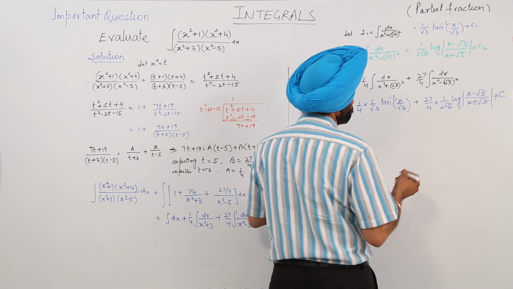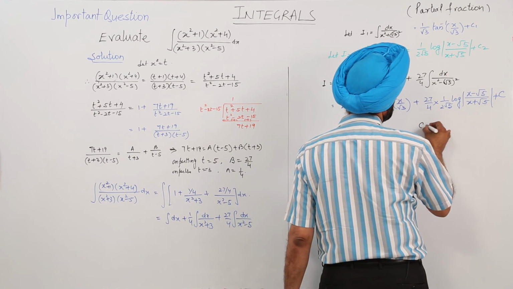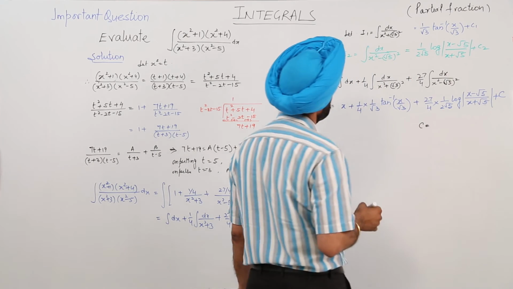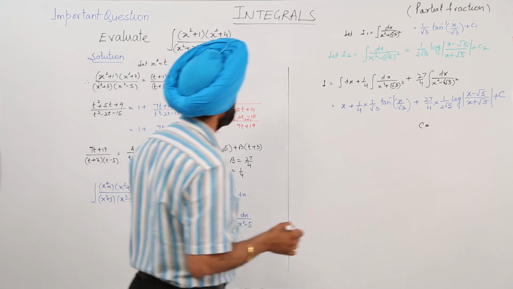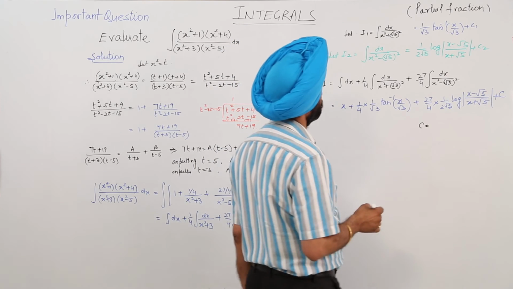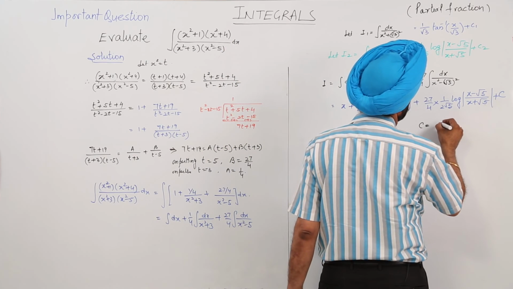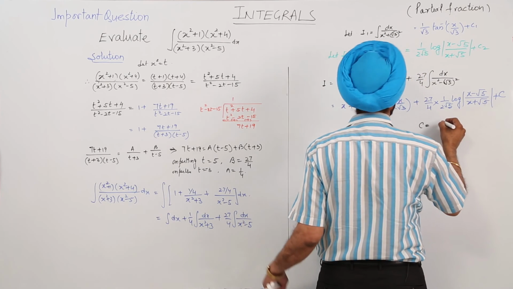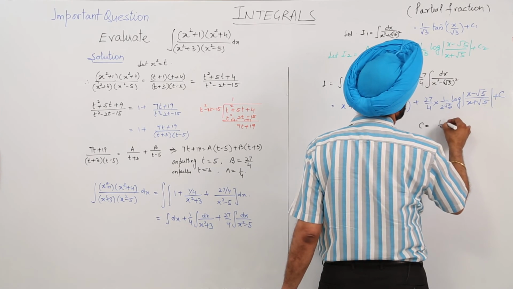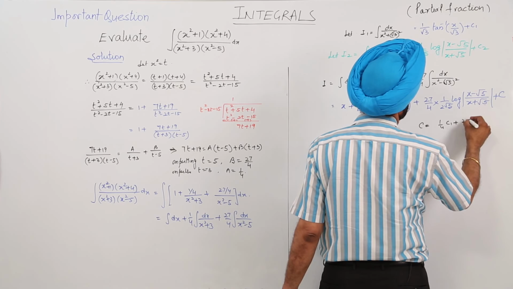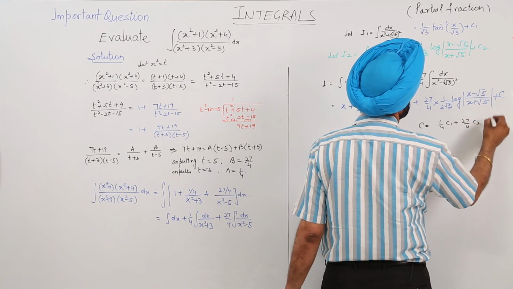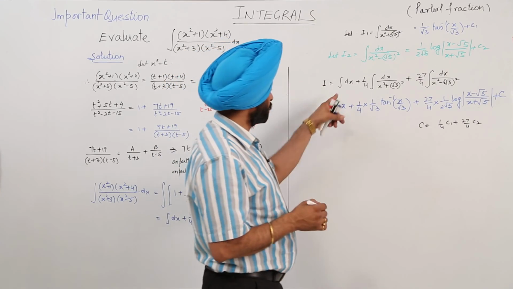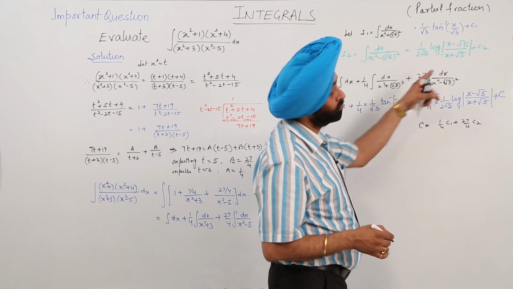Now capital C can be written as 1 upon 4 C1 plus 27 upon 4 C2, and we are not taking any C for this part. So if you are taking C, then you can write C1 plus C2 plus C3.